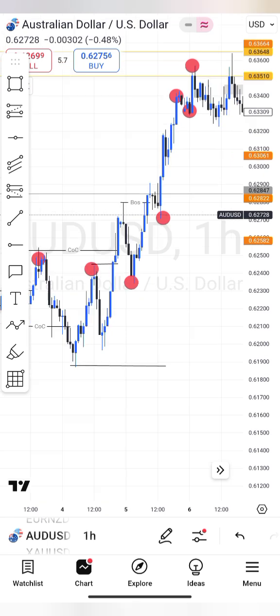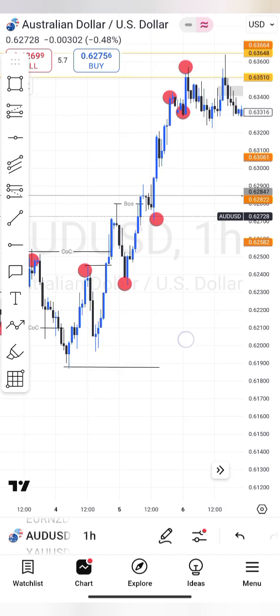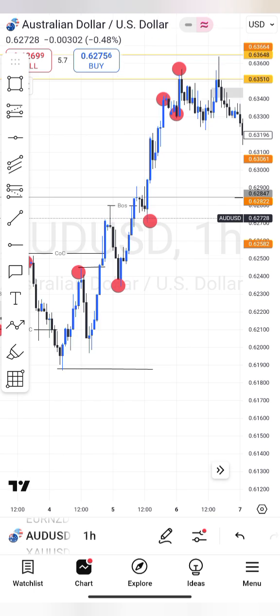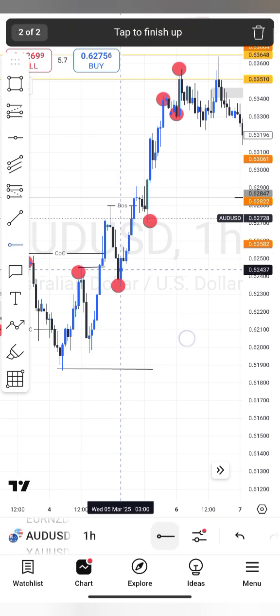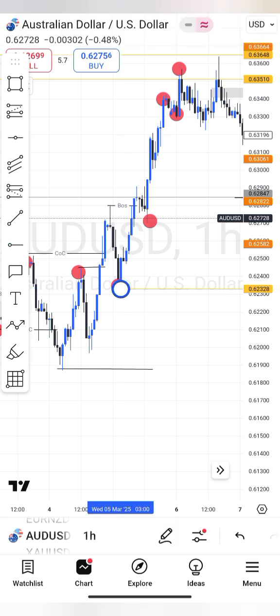Now imagine that we are in an uptrend. Okay, we are in an uptrend, and you know that in an uptrend the lows are protected. This is a low in an uptrend. You know that this will be protected because it gave us a break of structure here.